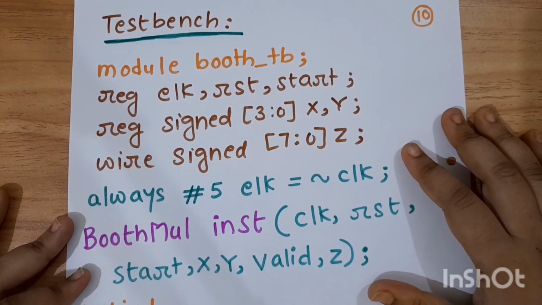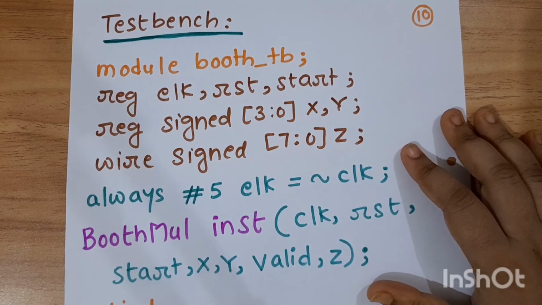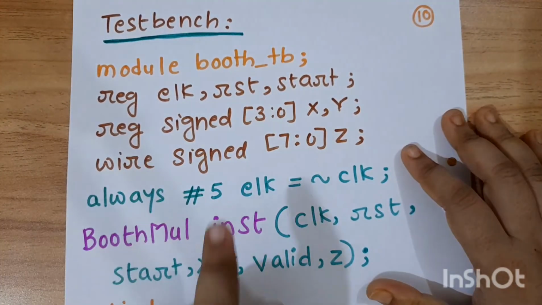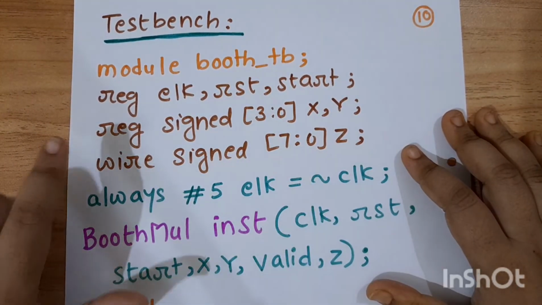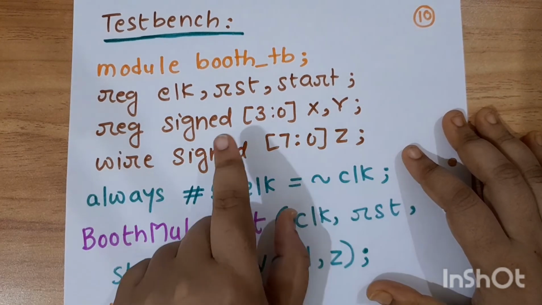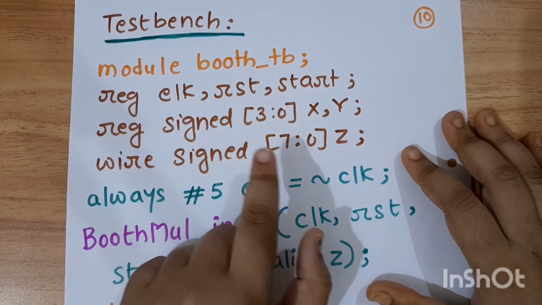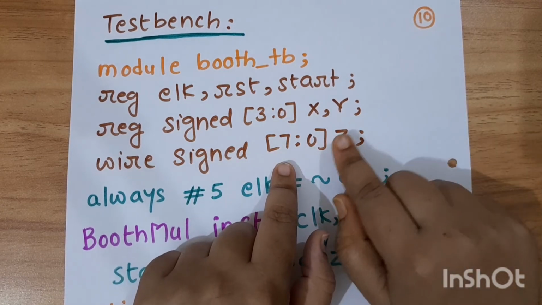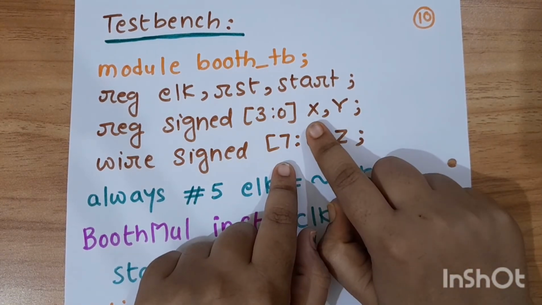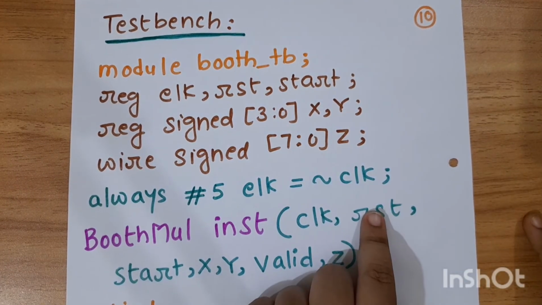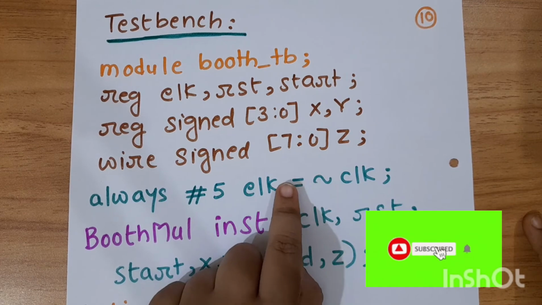Now here is the test bench for the booth multiplier. Module booth_TB semicolon. Clock, reset, start are of reg type. X and Y the operands, signed operands 3 down to 0. Y is the multiplicand and X is the multiplier. They are of reg type. Wire Z, that is also signed in nature, 7 down to 0.